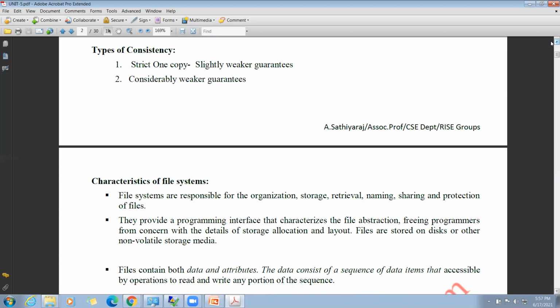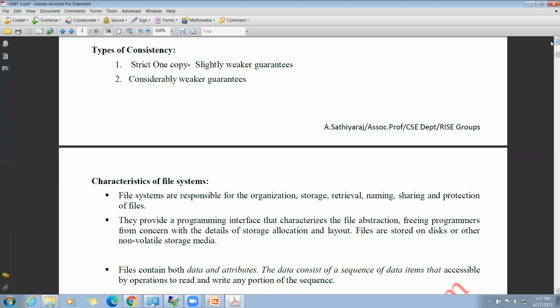In distributed file system, the consistency is strict one copy and slightly weaker guarantees and considerably weaker guarantees. That means we are not having that much reliability on distributed file system.